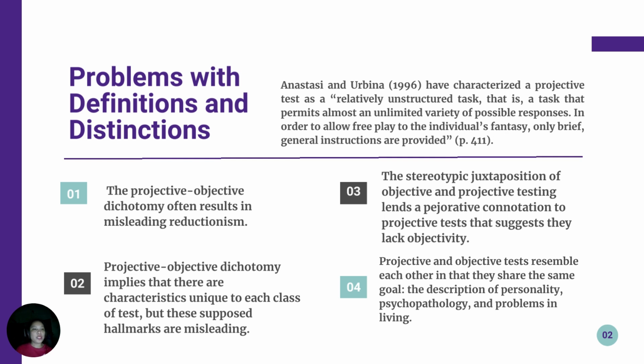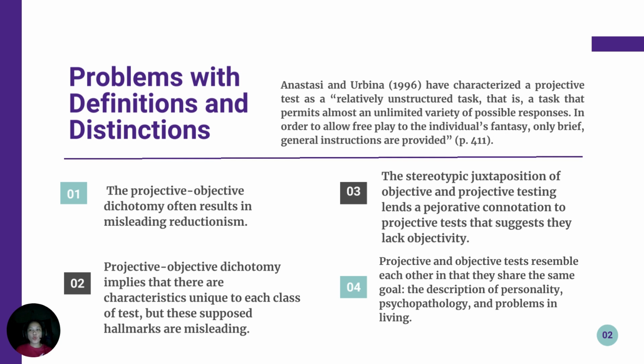And the second one is that the projective-objective dichotomy implies that there are characteristics unique to each class of test, but these supposed hallmarks are misleading. For example, test elements identified as projective, such as the flexible response format and ambiguous or incomplete stimuli, are employed by tests generally considered to be models of objectivity and quantification.